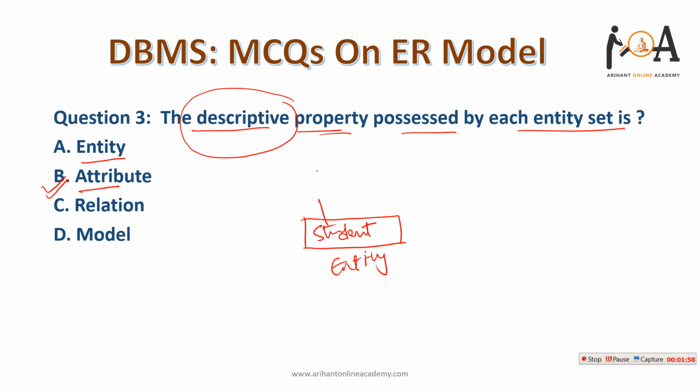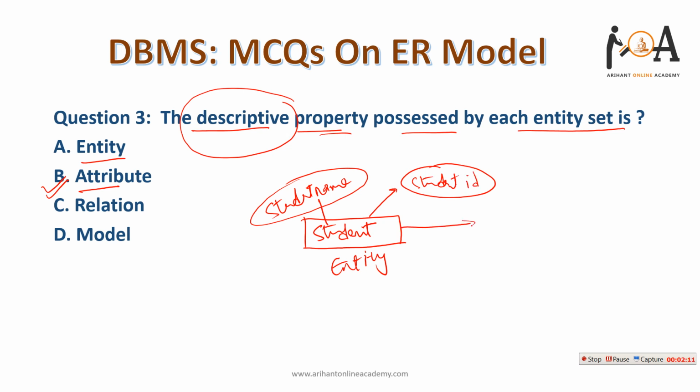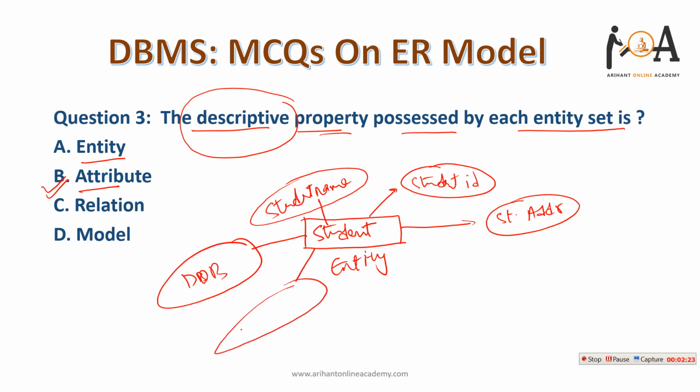For example, in the student entity, one attribute is student name, another may be student ID, student address, student's date of birth, student's father's name, and student's place of birth.